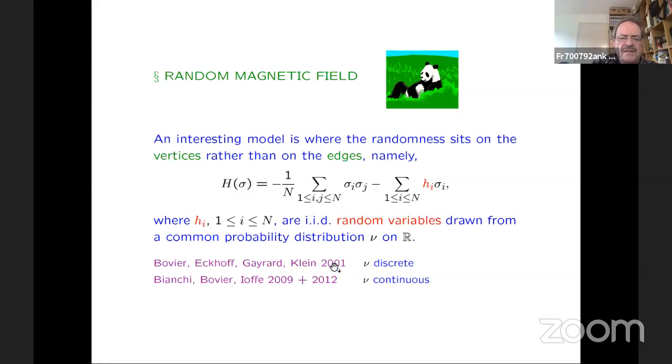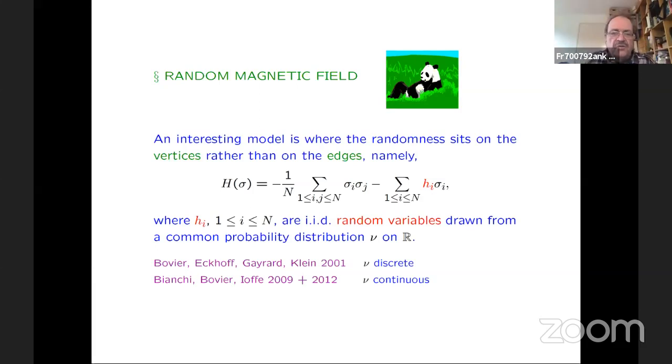And this model, which is quite challenging to do, has been looked at in two series of papers. Here in the original paper, they took a case where nu is discrete. And what was lovely is that they could still use a form of lumping because they were just keeping track of where this magnetic field takes, let's say, a finite number of discrete values. Maybe h can be 2 and 3. And then you are working not with an empirical magnetization, which is a scalar, but with an empirical magnetization which is a vector.